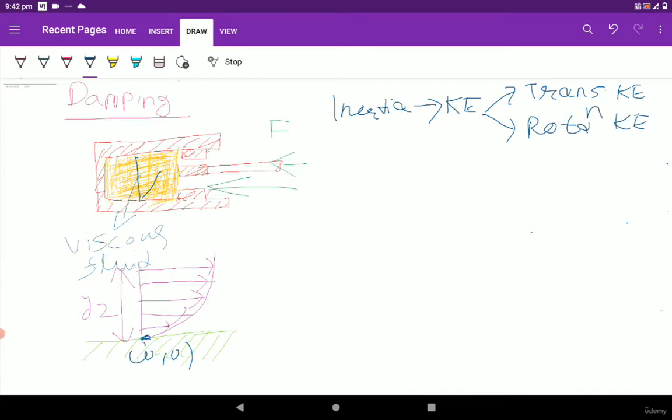In the case of restoration, there is the existence of potential energy.